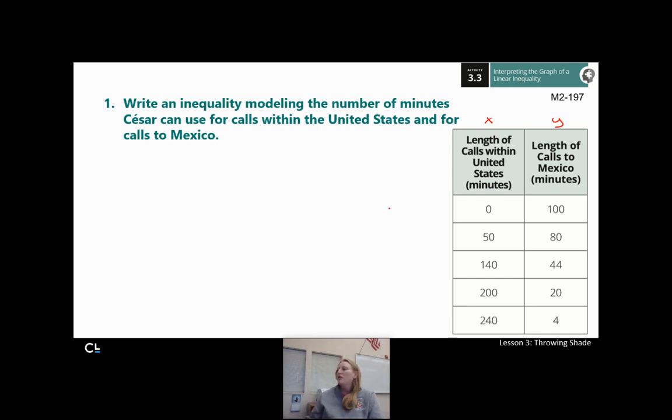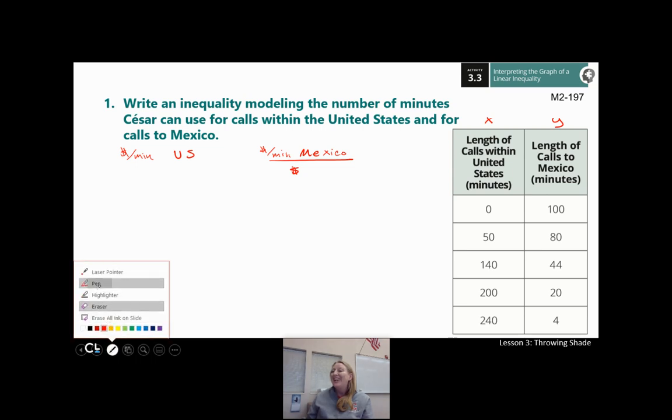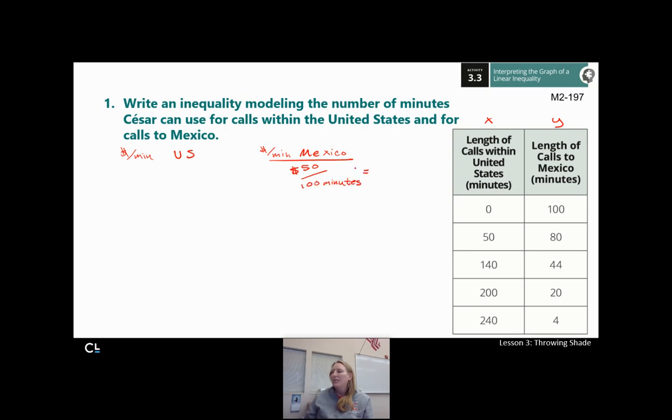I'm actually going to start with Mexico. Yes, I want to know the US, but I also need to know the cost per minute, so dollars per minute for the US, but I also want to know the dollars per minute for Mexico. I'm going to start with Mexico only because it looks like he spent his entire $50 phone card to do 100 minutes on a phone call to family in Mexico.